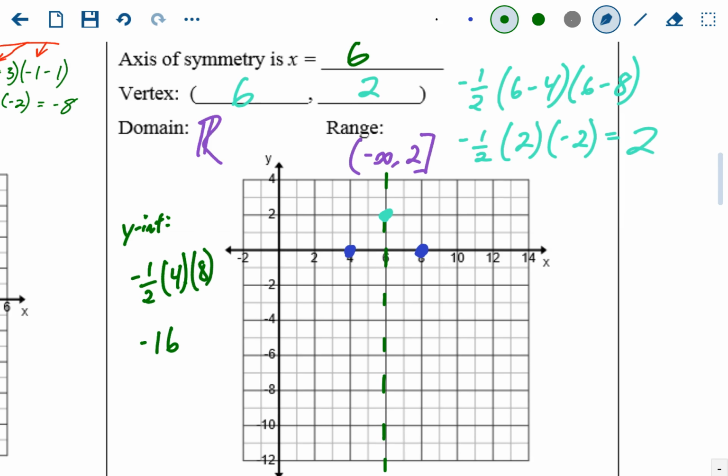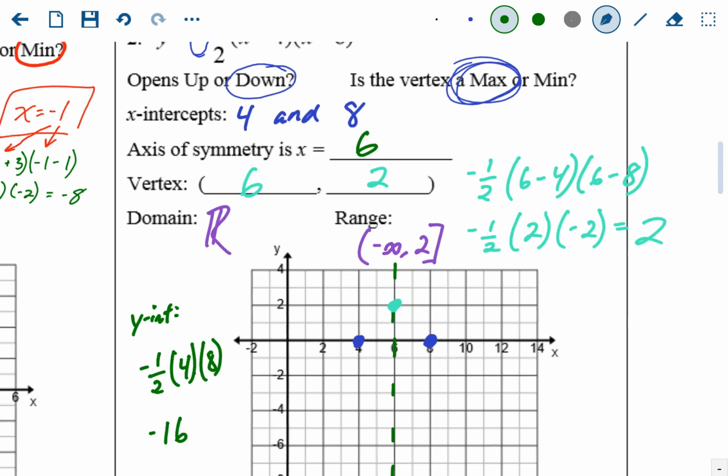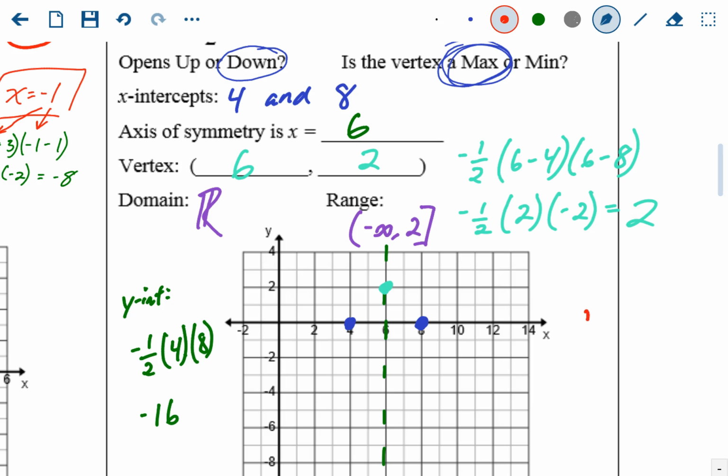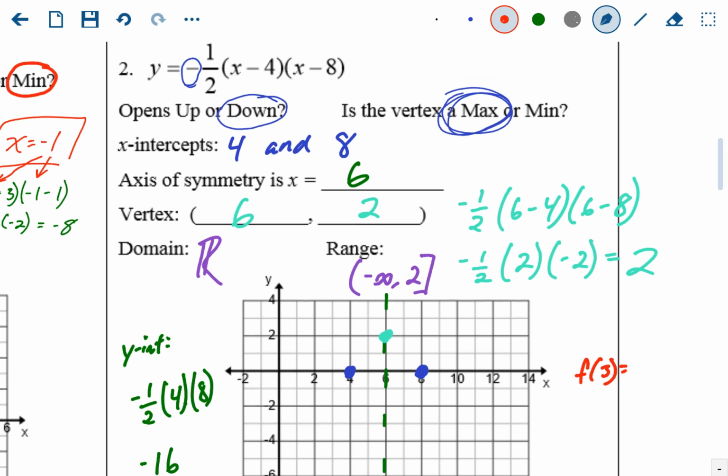So I'm just going to pick another point, one that's closer to the points that we know. For example, you can plug in 2 or you can plug in 3. I'm going to plug in 3, so I'm going to find f of 3. I'm just going to plug in 3 for all the x values: 3 minus 4 and 3 minus 8.